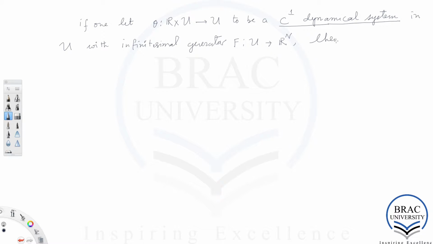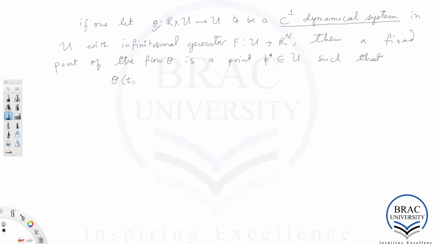then a fixed point of the flow theta, this map, is just a point in the open set U, which we denote by P star, such that the following relations hold.